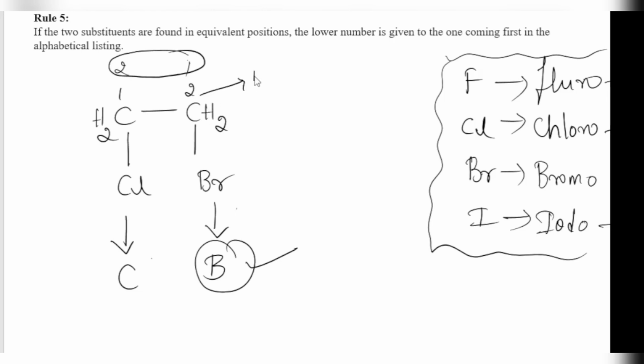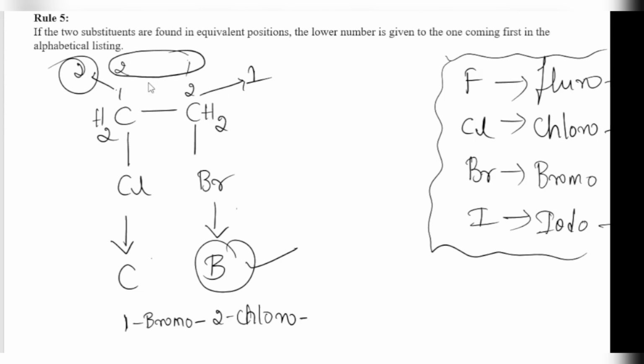This carbon has to get priority 1 and this one priority 2. Then what will happen? In the first position, bromine is there, and in the second position, chlorine. That's why I have to write 1 bromo, then again separate by hyphen, 2 chloro.